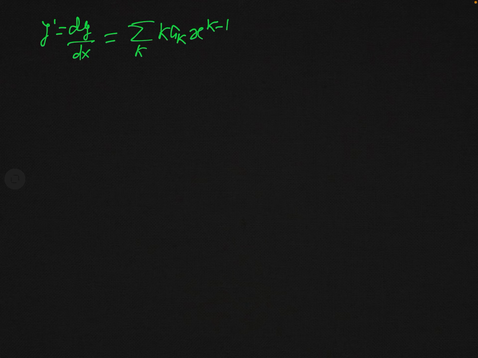And since if we put k equal to 0, this term will vanish due to this k, there is no need to write the limit 0. So we will start the value of k from 1, and so k will run from 1 to infinity.